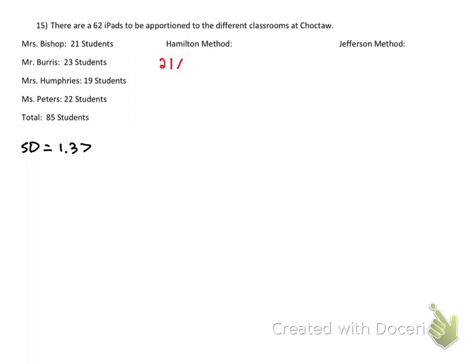So Bishop, 21 divided by 1.37 gives me 15.3. Burris, 23 divided by 1.37 gives me 16.8. Humphreys, 19 divided by 1.37 gives me 13.9.